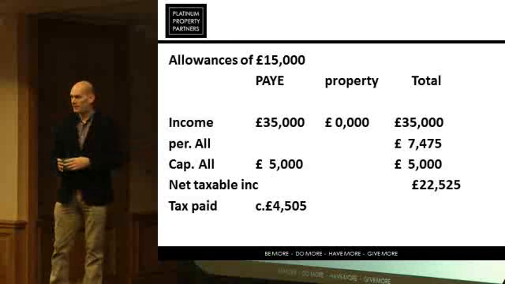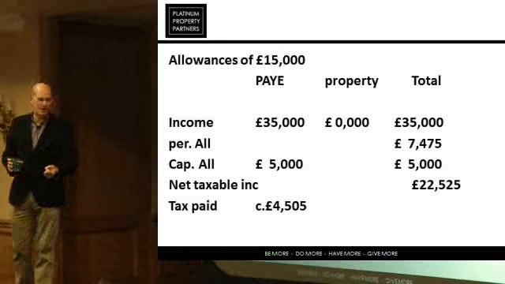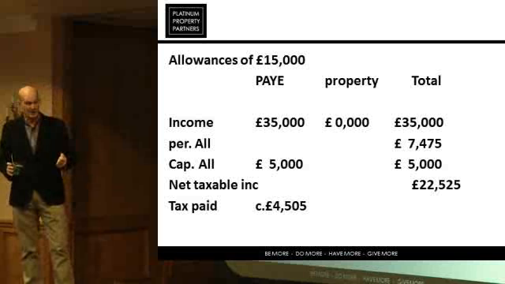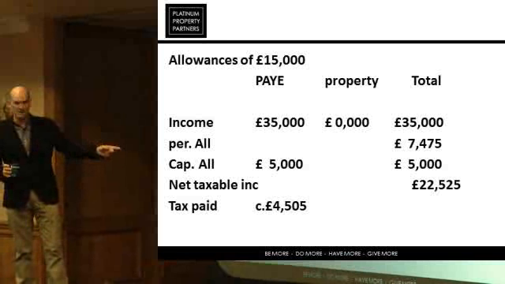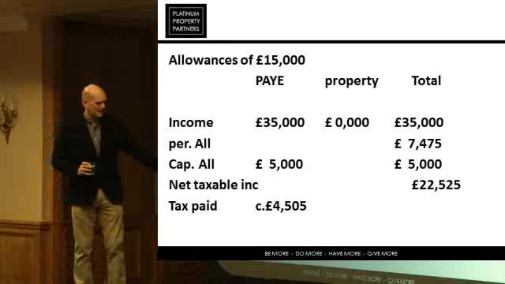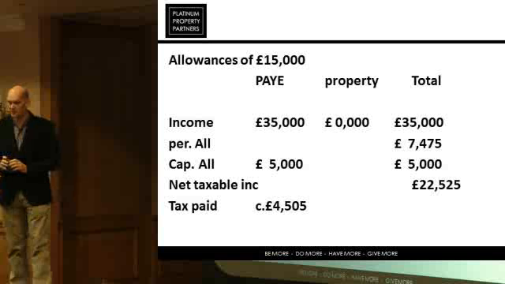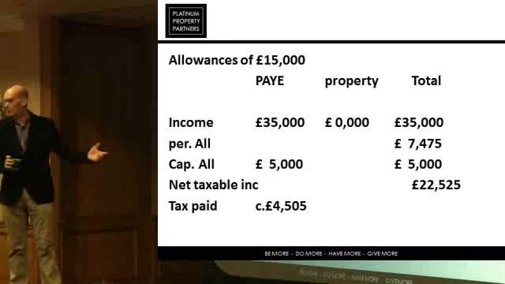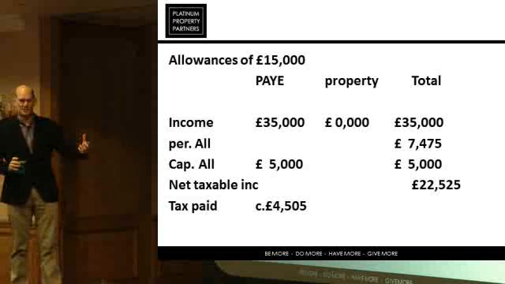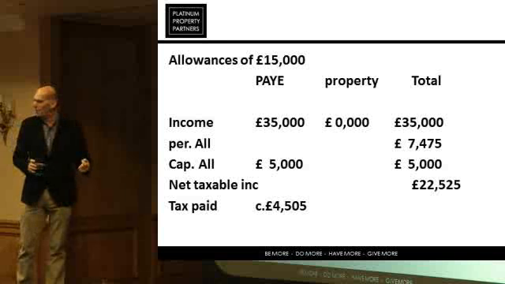You've got an additional £5,000 loss, augmented by capital allowances. So now your net taxable income is £22,500. So it's down to £4,500 in tax from £8,000. And of course he's very pleased with that. So that's just an idea of how it works in the real world.